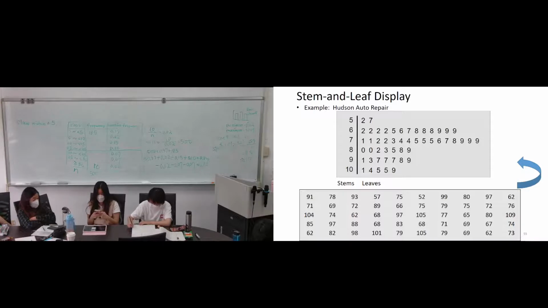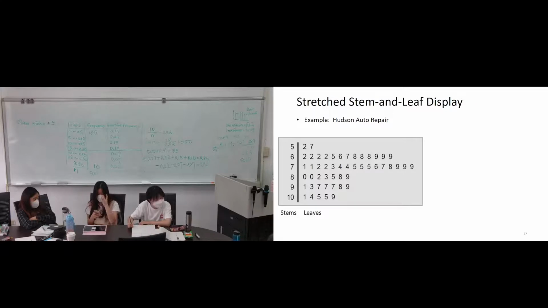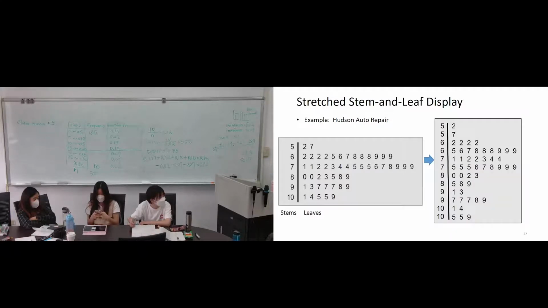To summarize the quantitative data, there is another way to present the stem and leaf display. If we divide the 50s into 50 to 54 and 55 to 59, the first one we put 2 here, and the second one we put 7 here, and the same for 60s.